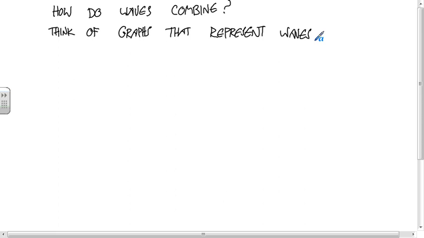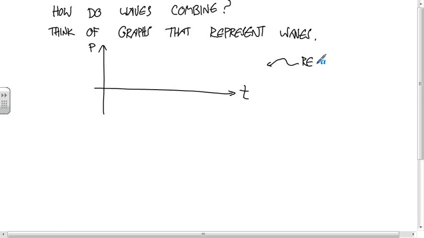Well, you could think of doing a complicated 3D plot, but that's not what we're doing. We look at graphs of waves in two ways. We look at a position versus time graph. If we're looking at how it changes in time, and it's a whole line of points that are changing in time, how do we represent all these points? You know what I mean? And the answer is we don't. We choose a single point to look at, okay?